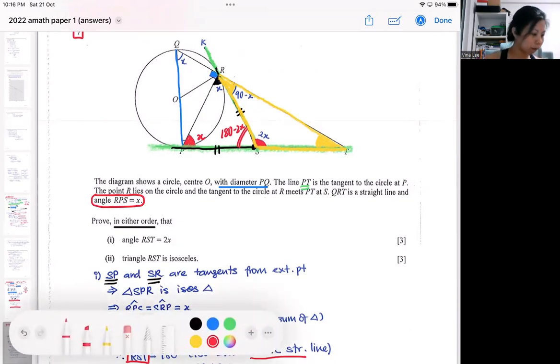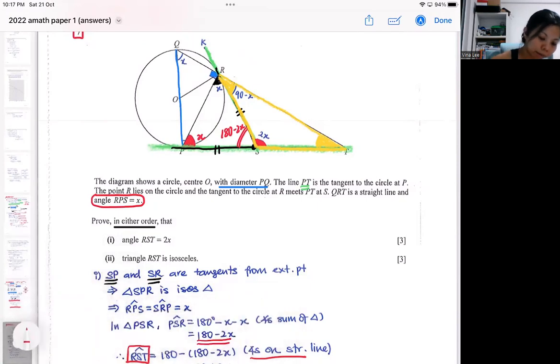okay, there is a tangent chord here. If you realize, just now I mentioned, I'm given this angle x, and this is a chord, this is a tangent. So this will be equivalent to the tangent chord.